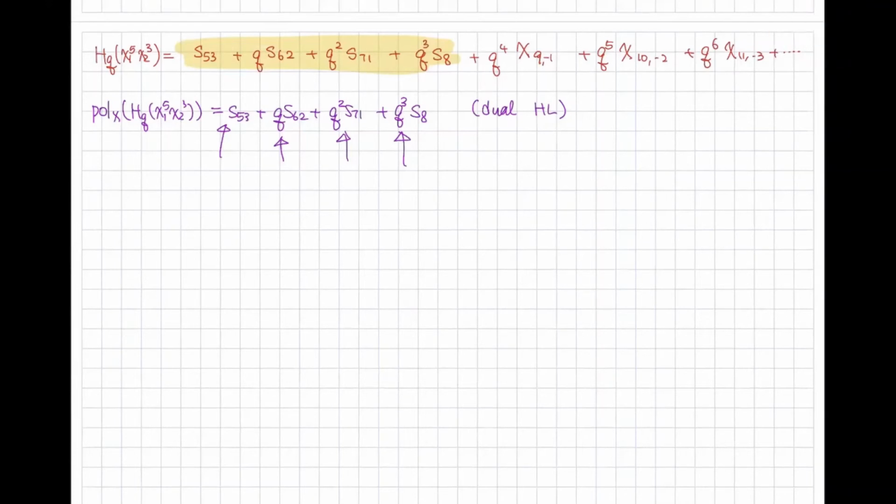Anna? Mm-hmm. When you truncate, then you write a Q expansion with coefficients being Schur function polynomials. Now, is it possible to predict which Schur functions appear or which lambda appears? Oh, you mean which lambda appears here?